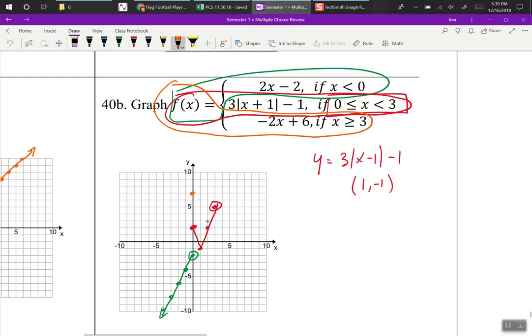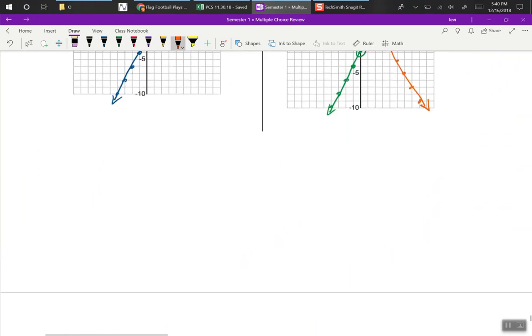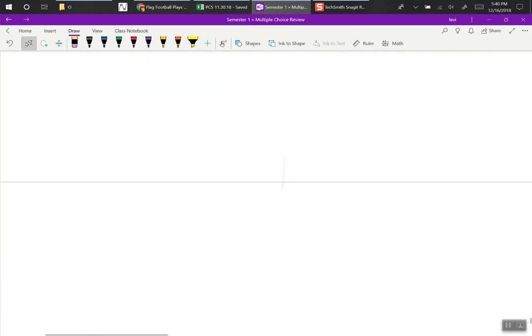Here, here, here. Closed circle here. Down 2, right 1, down 2, right 1. That's a closed circle. And I want to erase my y-intercept point. That's not part of my graph. Alright, that's it.